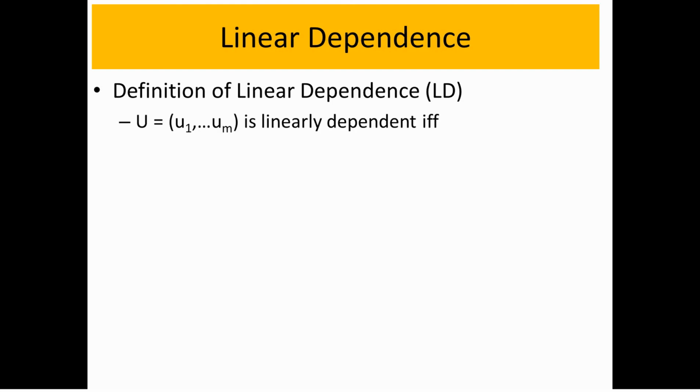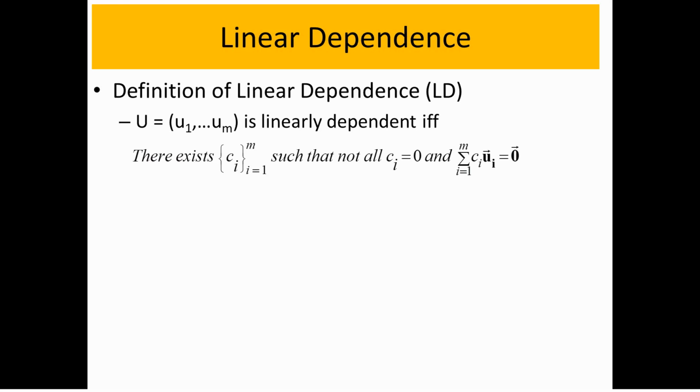So we're going to say, given a collection of vectors whose ordered list we express as U, they're said to be linearly dependent if and only if there is a linear combination of the vectors giving the zero vector that does not require all the coefficients to be 0. So there is some non-trivial linear combination of the vectors in capital U that will give the zero vector.